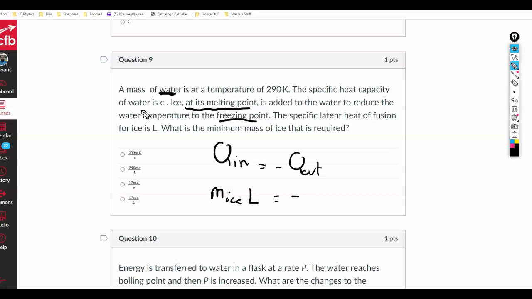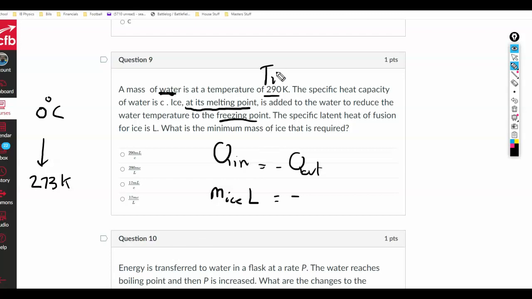So for this question, you have to know a couple things. Number one, the freezing point of water is 0 degrees Celsius. Number two, you need to understand that you need to convert that to Kelvin because this temperature is in Kelvin. So you add 273 to convert from Celsius to Kelvin.